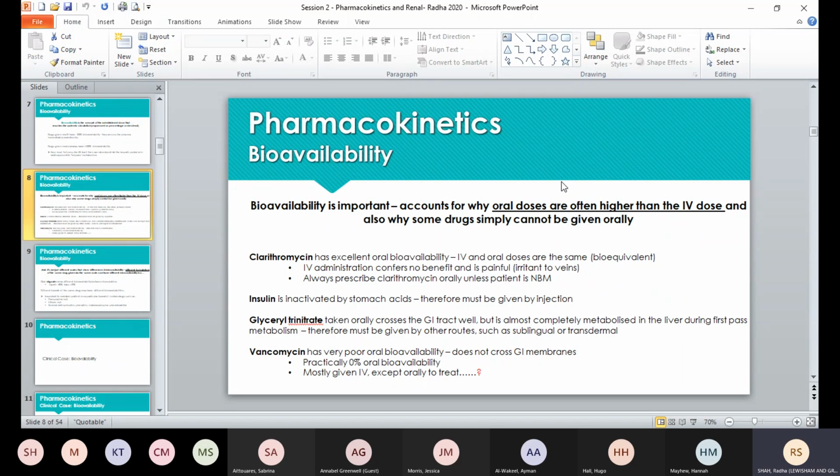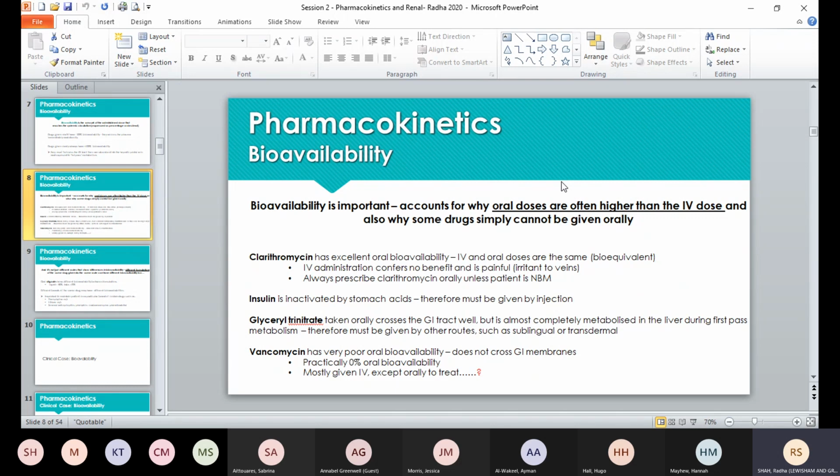So bioavailability is really important because it accounts for why oral doses are often higher than an IV dose, and also why some drugs just can't be given orally. So examples include clarithromycin. We never really give clarithromycin via the IV route, and that's because the bioavailability of IV clarithromycin and oral clarithromycin are practically the same.